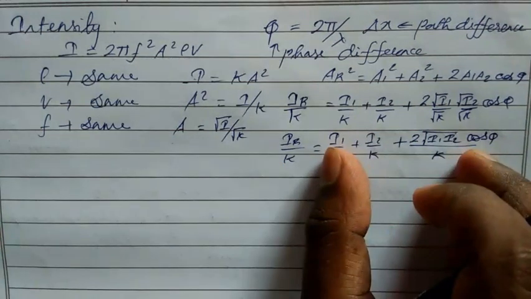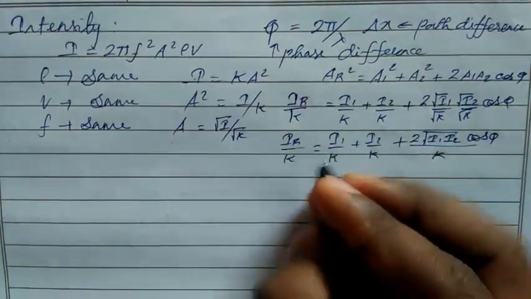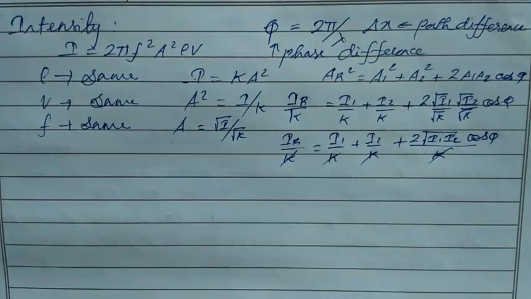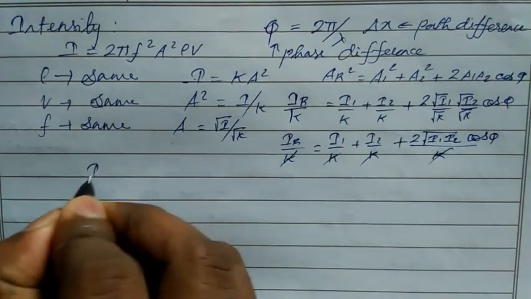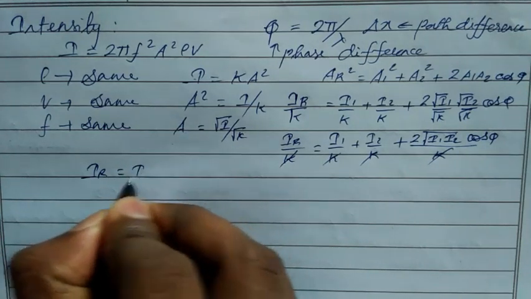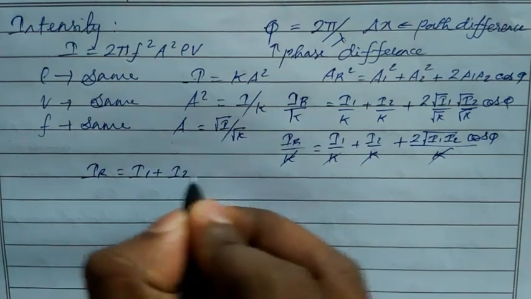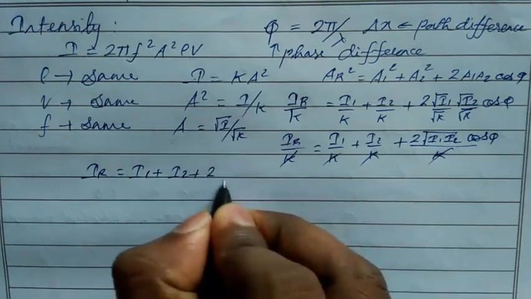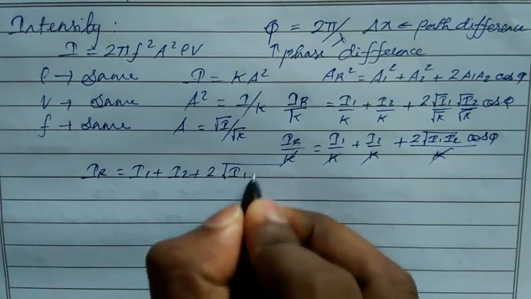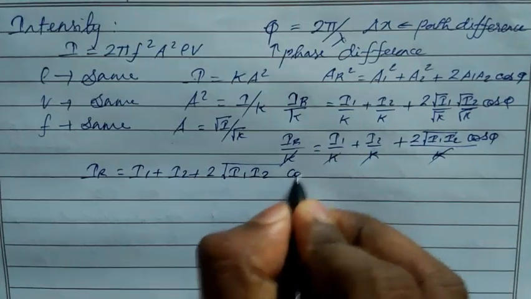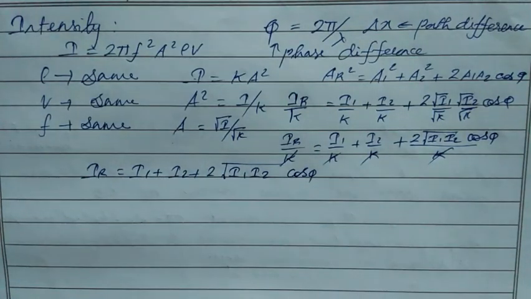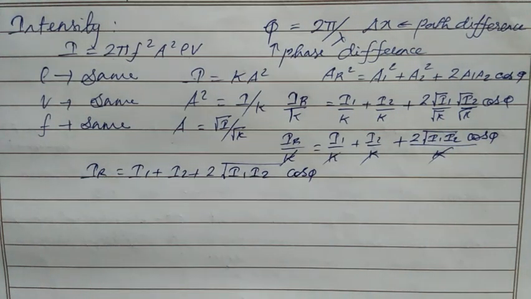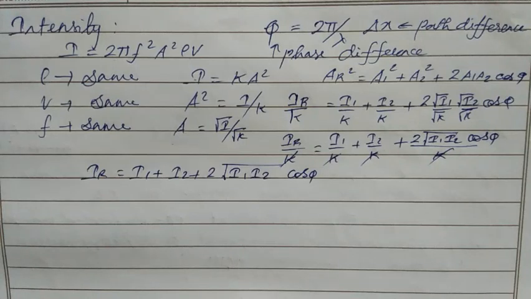In all these terms k is common, so all the k get cancelled. Then we are left with I R equal to I1 plus I2 plus 2 root of I1 I2 cos phi. So this is the equation for resultant intensity.